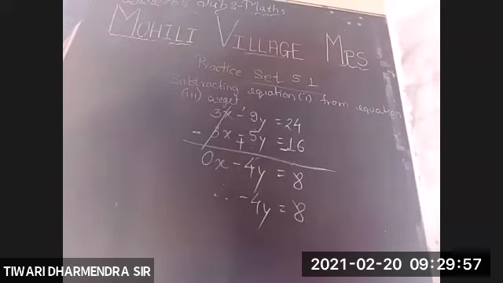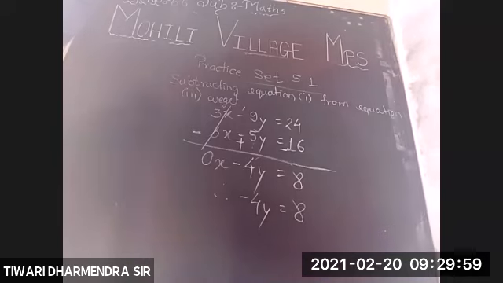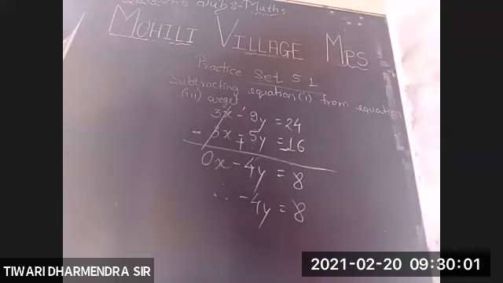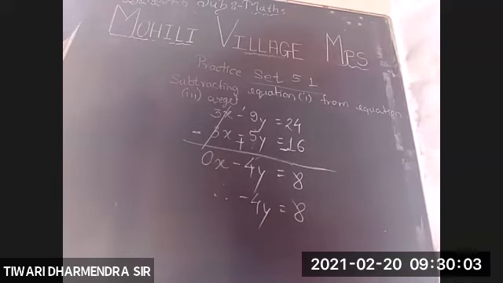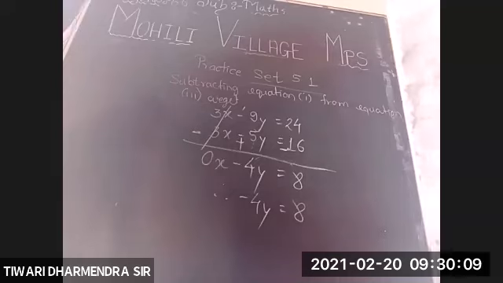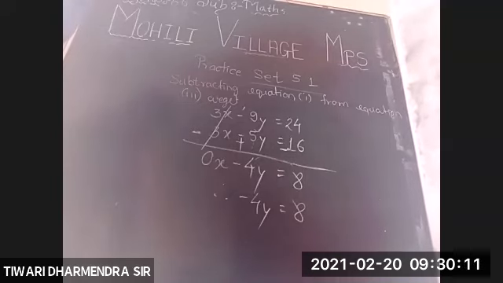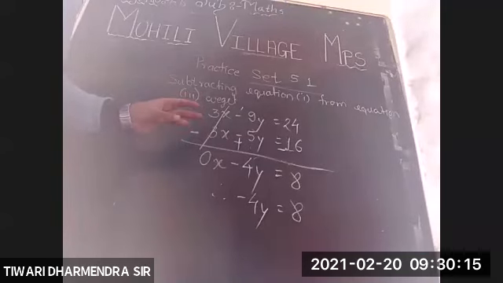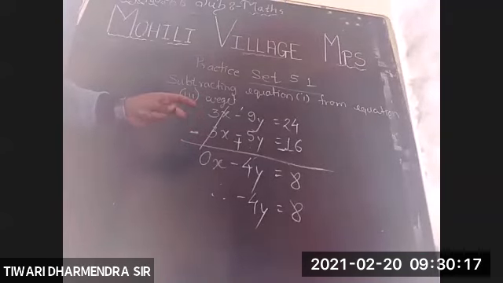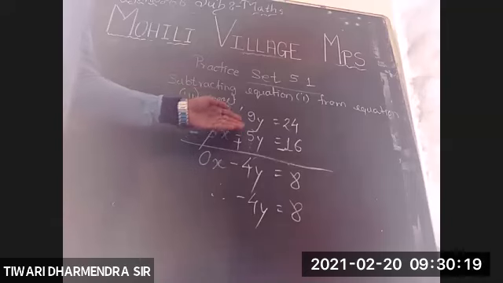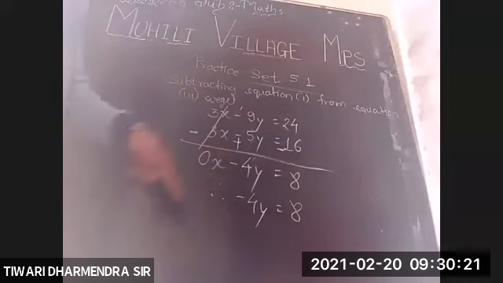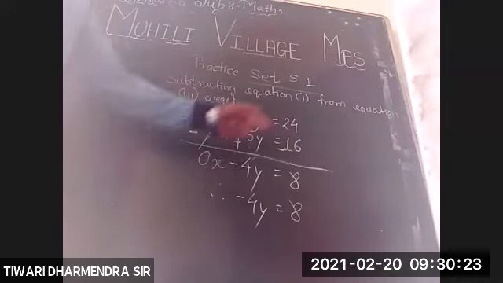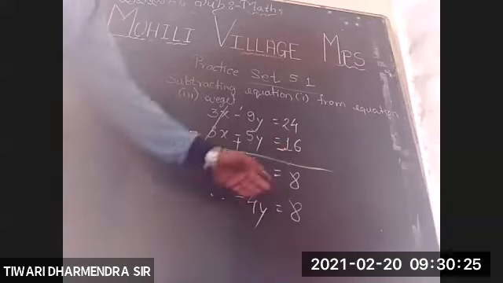What I've done, I've made the coefficients same. And after that, the coefficient with opposite sign gets cancelled. Here, minus 9y plus 5y gives me answer minus 4y. 24 minus 16 gives me answer 8.